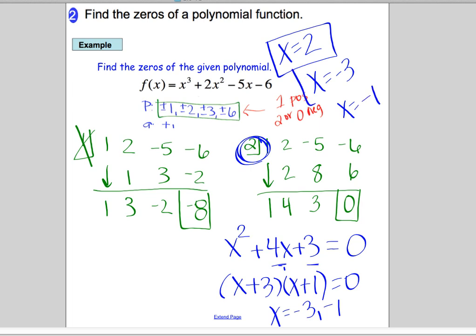And we now have our 3 solutions to this polynomial. So we were able to solve this polynomial without having to factor from the beginning. We used synthetic division to find 1 zero, and then we factored what was left.